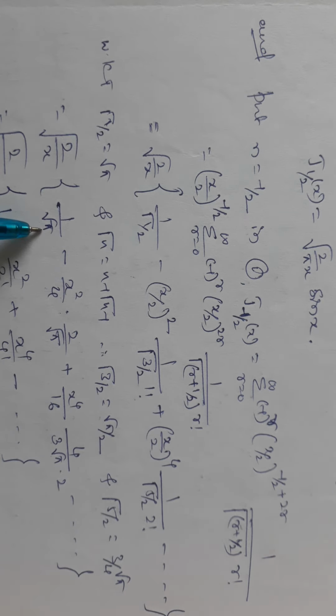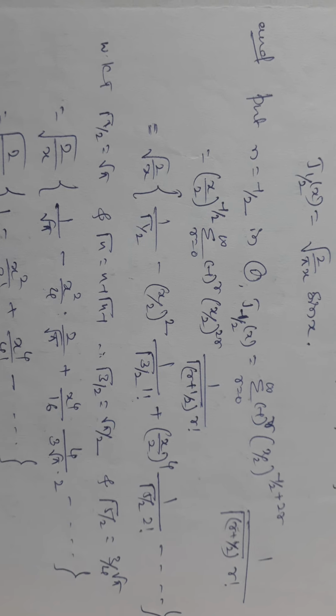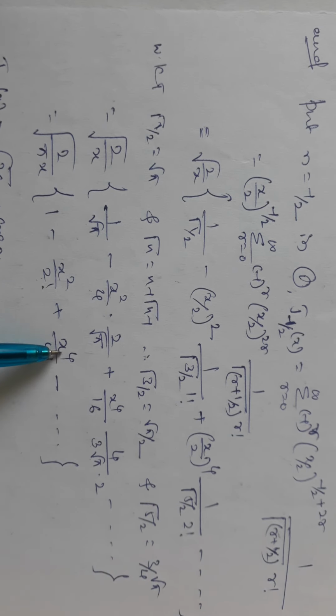Now here root pi is common, therefore I will take it and write inside the square root, therefore it is square root of 2 by pi x, and remaining is 1 minus, 2 ones are 2, 2s are, and 2 can be written as 2 factorial, x square by 2 factorial plus, here 2 ones are 2, 2 fours are 8, therefore 8 threes are 24, 24 can be written as 4 factorial, therefore x to the power 4 by 4 factorial minus and so on.